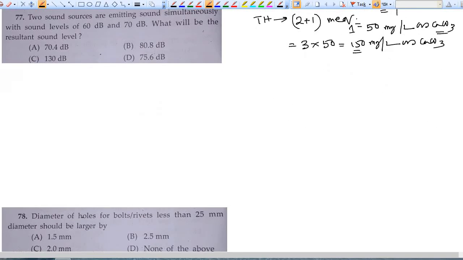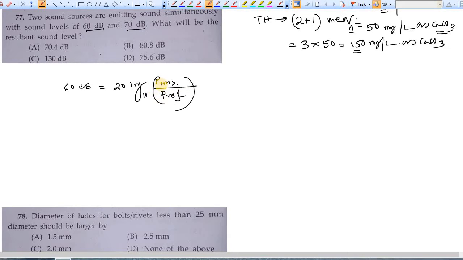Next, again this is a question from environment. You have two sound sources, one with 60 decibel and another with 70 decibel. What will be the resultant sound level? Well, 60 decibel means scientifically this is equal to 20 times log with base 10 of PRMS, root mean square pressure, divided by P reference pressure sound level.